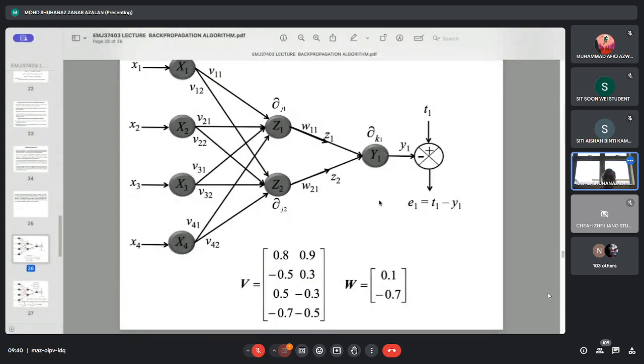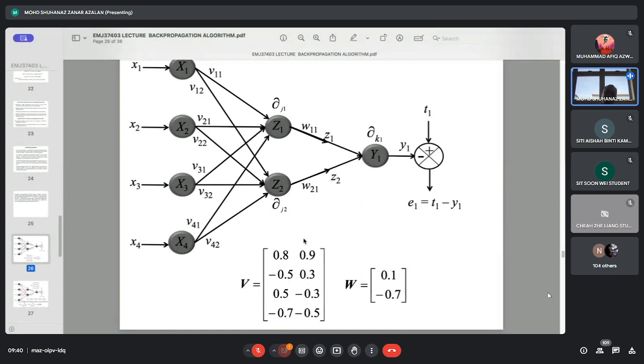So that means here we have two different weightages. One is the weightage between the input layer and hidden layer, so we name it V. So V11 is for this link, V12, V21, V22, V31, V32, V41, V42.